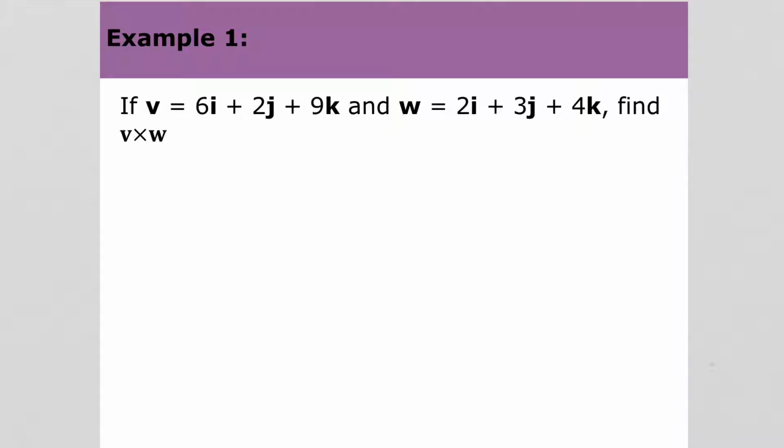So example 1 wants us to find the cross product of V and W. So we start with B sub 1 times C sub 2. So 2 times 4, minus, and then we've got B sub 2, that's 3, times C sub 1, that's 9. Okay?